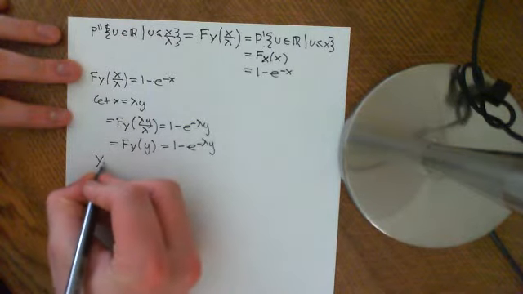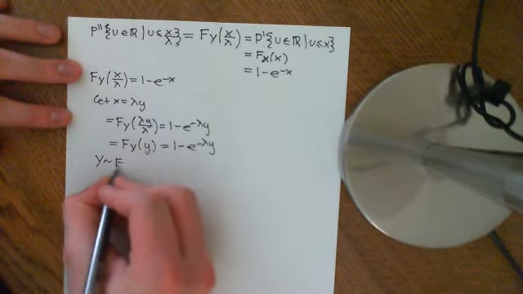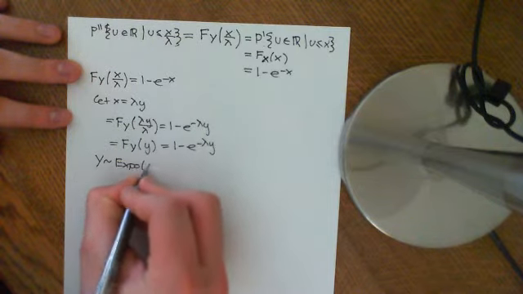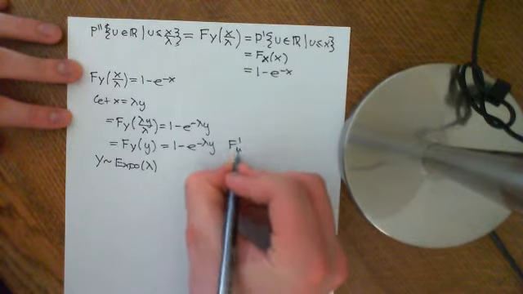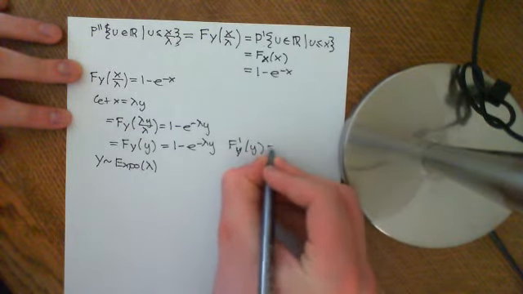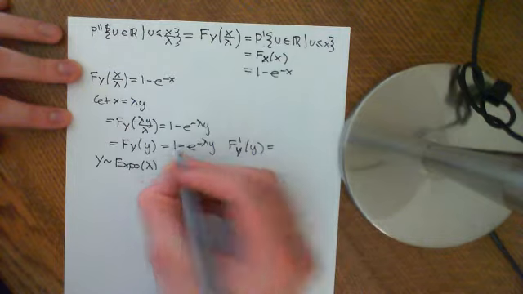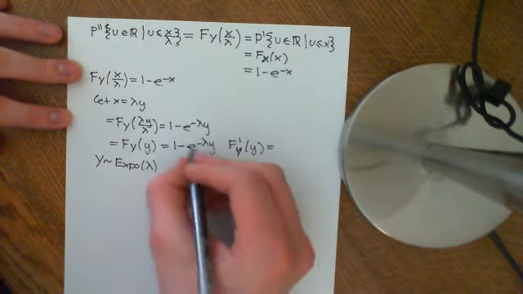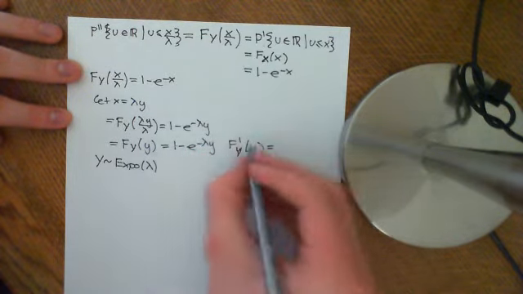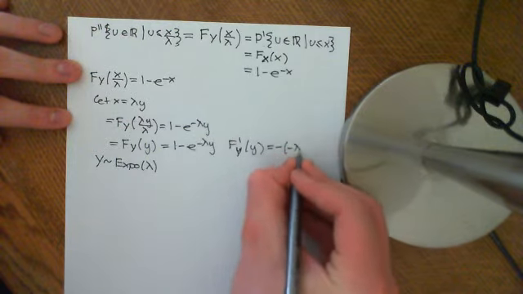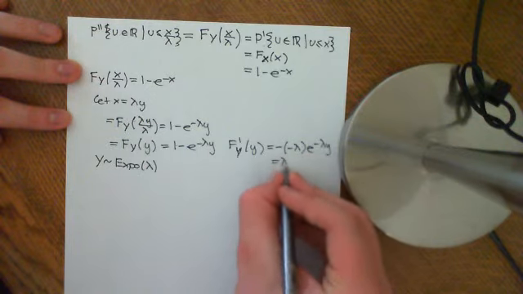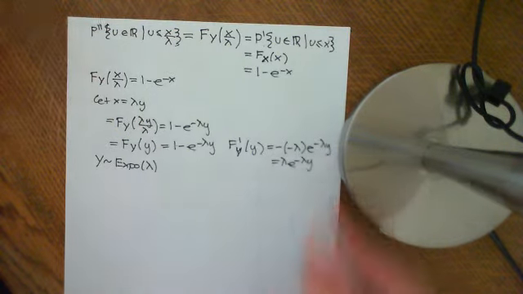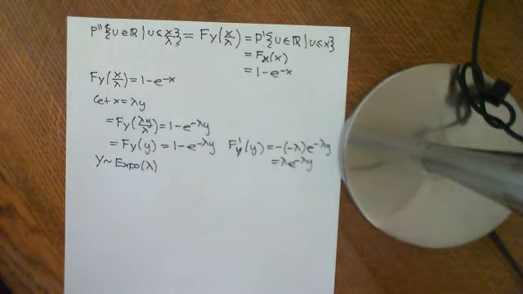Therefore Y is exponentially distributed with parameter lambda. Of course we could then differentiate this: 1 differentiated is nothing, and differentiating the exponential gives minus lambda e to the negative lambda y, which gives lambda e to the negative lambda y, the PDF of the exponential distribution with parameter lambda.